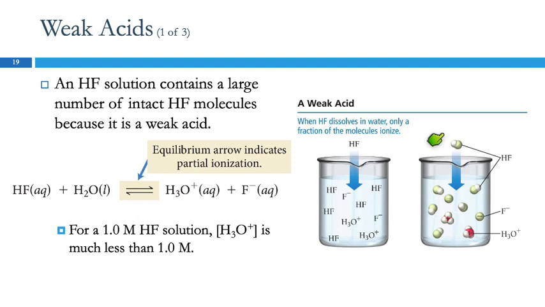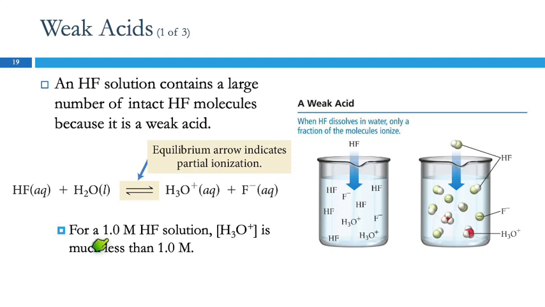So when we look at the pictures over here, HF dissolves in water, and some of them will donate their protons, but a bunch of them do not. And that's what weak acids do.